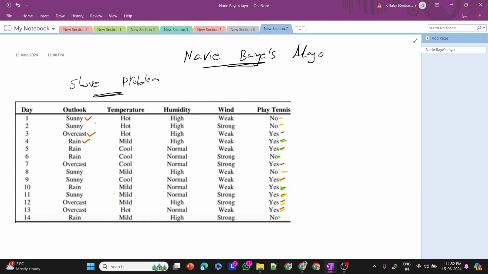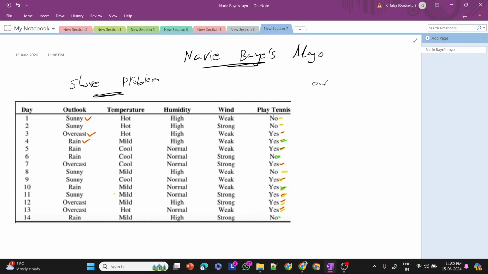Depending upon these four input data, it will give some output on whether we should play tennis or not. Let's try to compute, depending upon the outlook, whether the person will play the game or not.